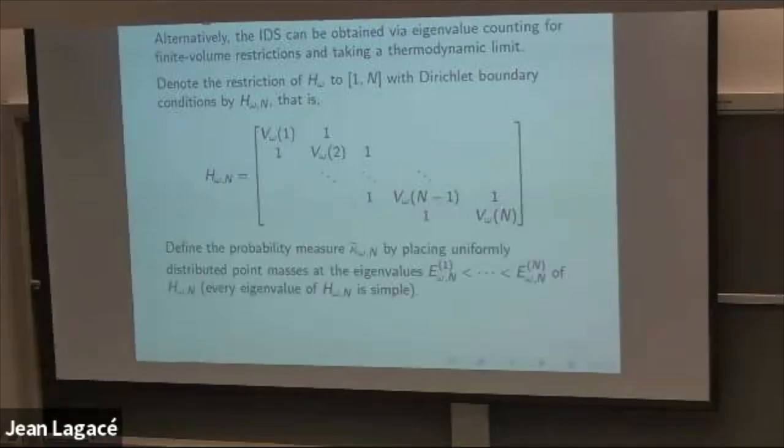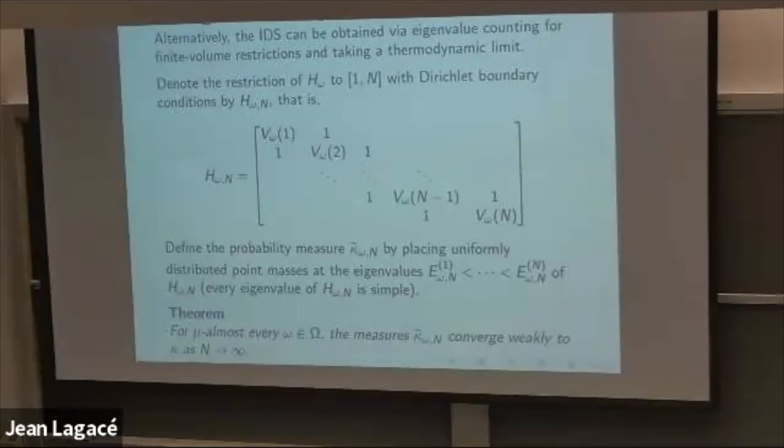So you get n eigenvalues of this matrix that you can write down like this. Then you define a probability measure by placing mass 1 over n on each of them, and you send n to infinity. You can show that for mu almost every omega, this measure will converge weakly to the density of states measure defined on the previous slide by mu averaging the spectral measures of the infinite volume operator.